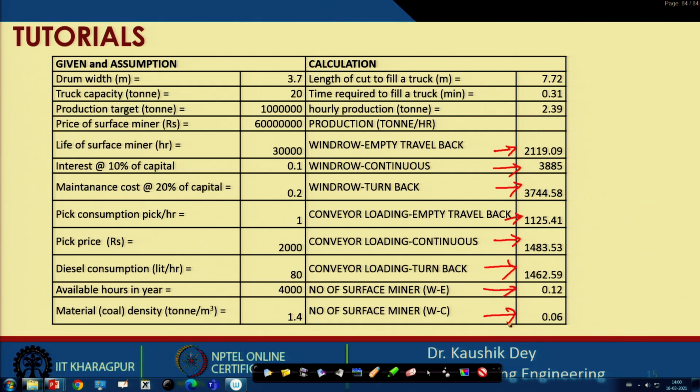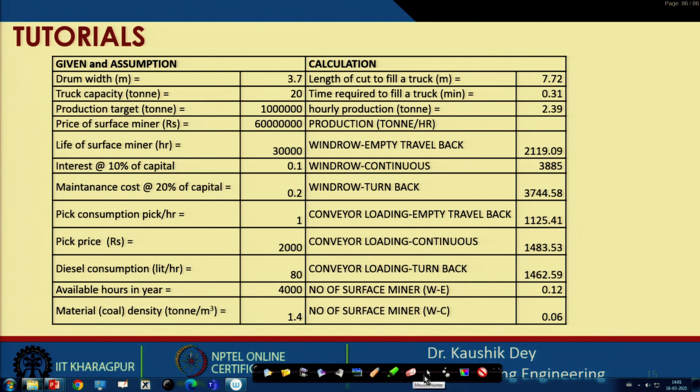If you divide your rupees by this production, you will get the mining cost in rupees per, sorry, you have not considered this is in ton, this is actually in meter cube. This is not in ton, this is in meter cube. So, it will be considered in rupees per meter cube.